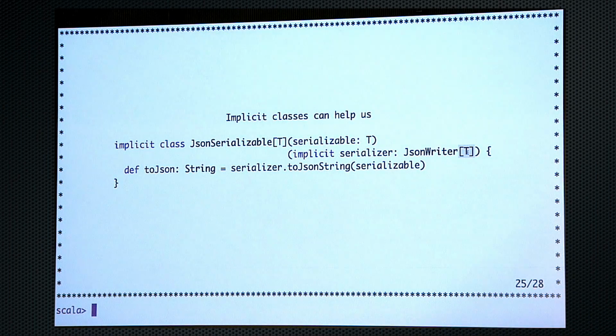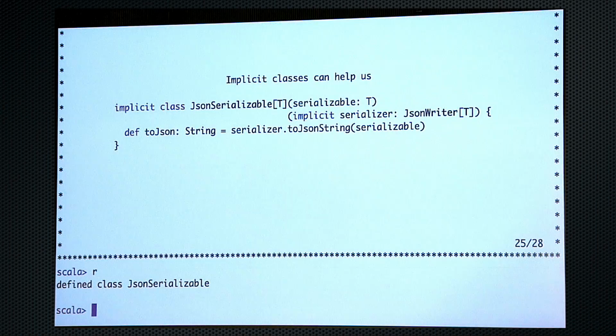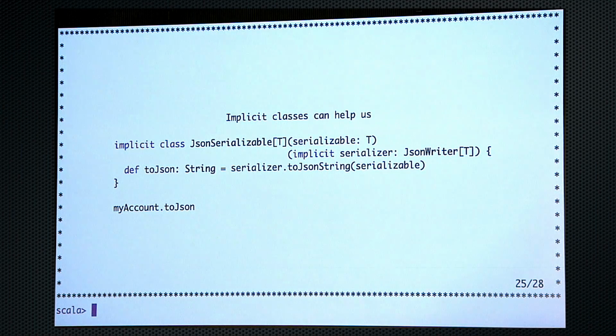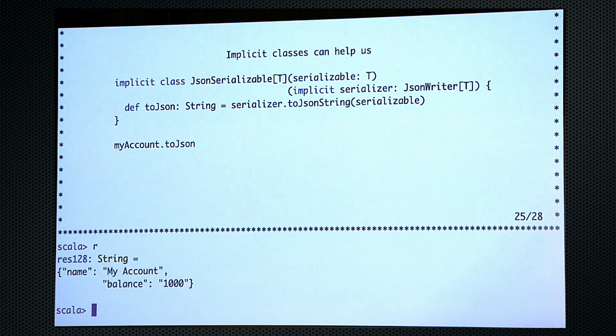And then, if we have those ingredients, we can very easily define toJSON because it's just using the serializer we got in, calling the toJSON string on the type we got. And now, this turns out to be enough to be able to do myaccount.toJSON.